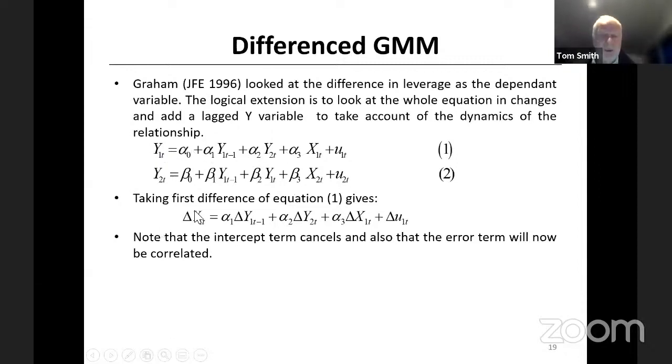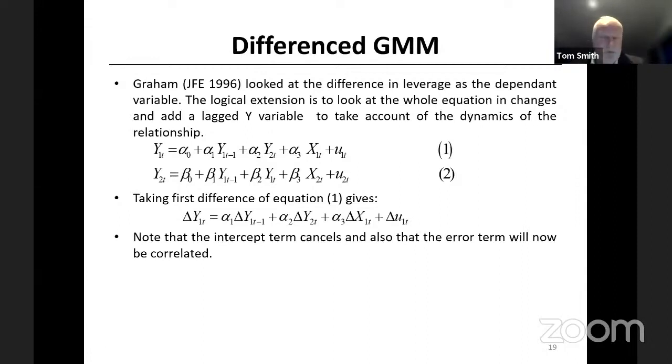You get the change in y. The intercepts are constant, so that disappears. You have alpha 1 times the change in y2, alpha 2 times the change in x1, plus the change in the error term. So even if u1t is uncorrelated, the change in u1 will be correlated, because it's u1t minus u1t minus 1.